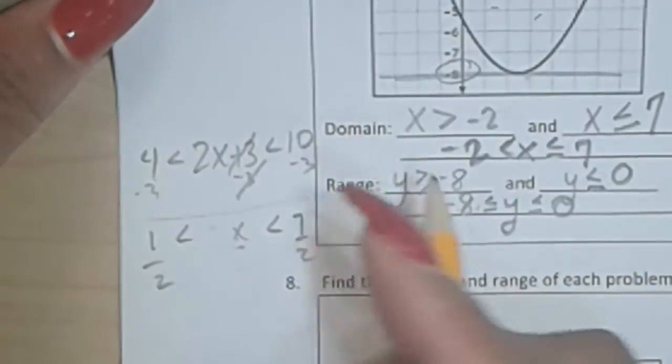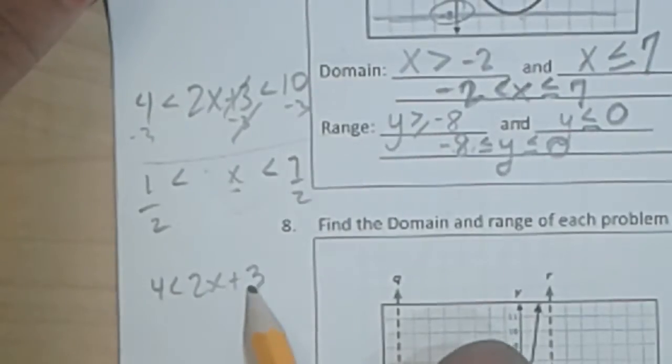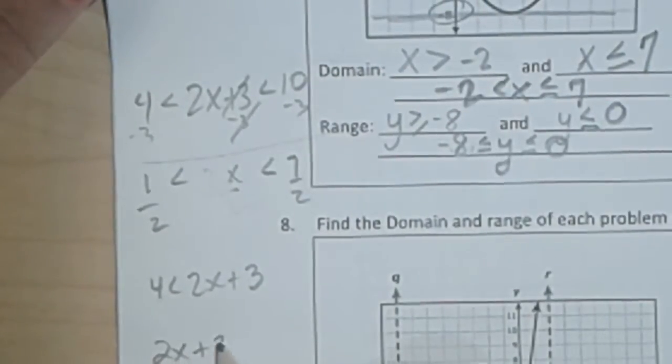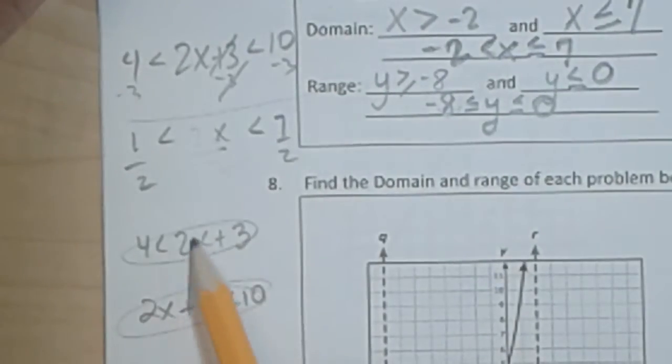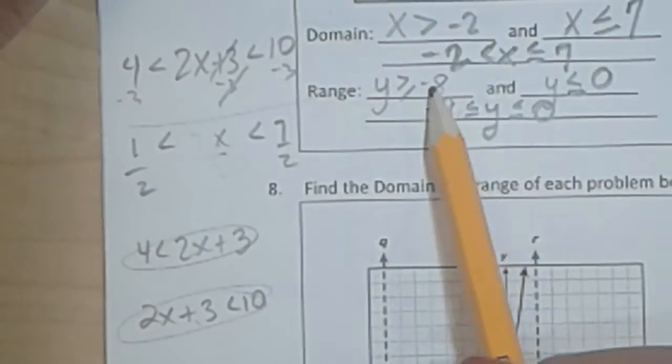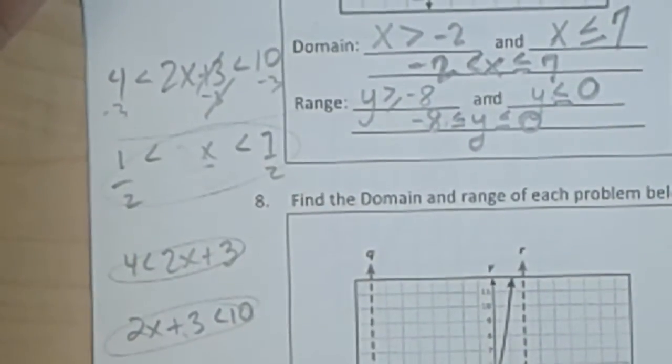But that's because this was really 2 problems. You had 4 less than 2x plus 3, but then you also had 2x plus 3 less than 10. And so those 2 problems gave you, boom, boom, 2 different answers. But we wrote it as 1.